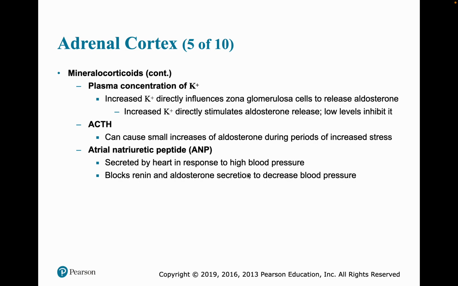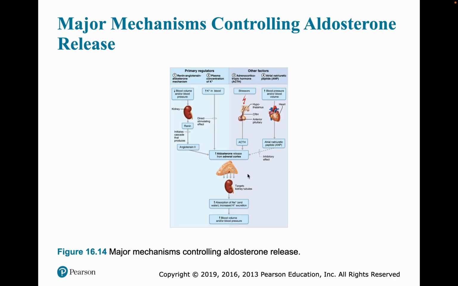ACTH can cause a small increase in aldosterone during periods of stress, and ANP produced by the heart, in response to high blood pressure, blocks renin and aldosterone secretions to decrease blood pressure. So here those mechanisms are outlined in figure 16.14, and I would encourage you to look them over closely.